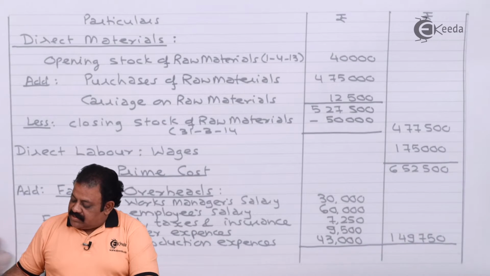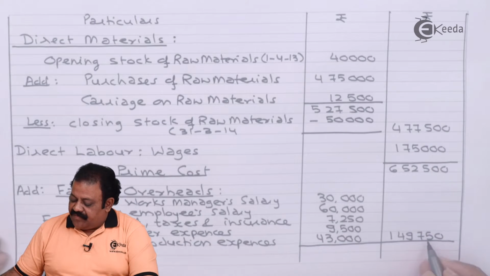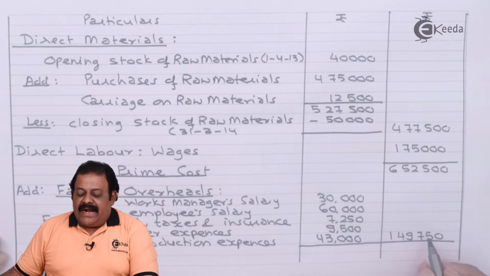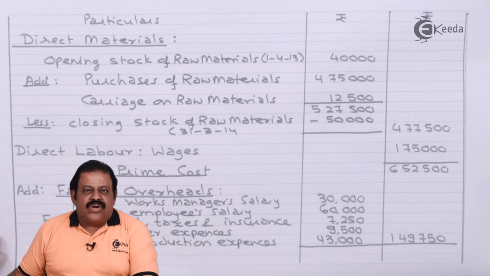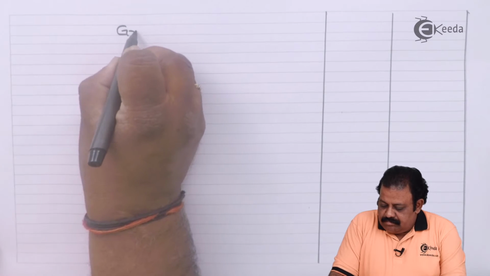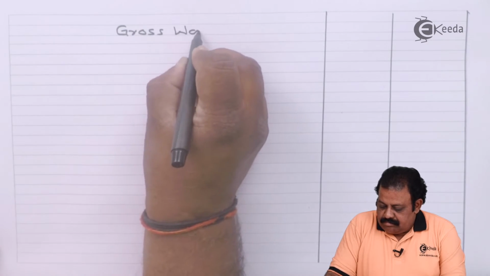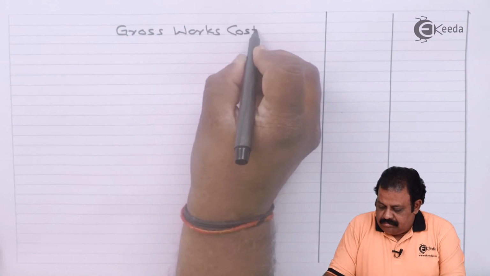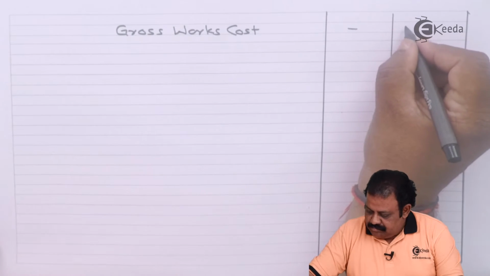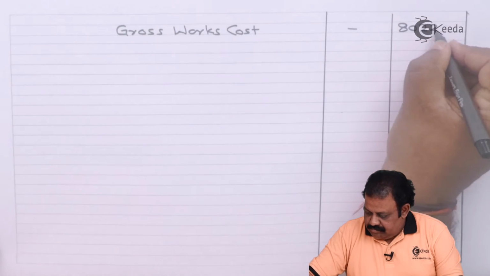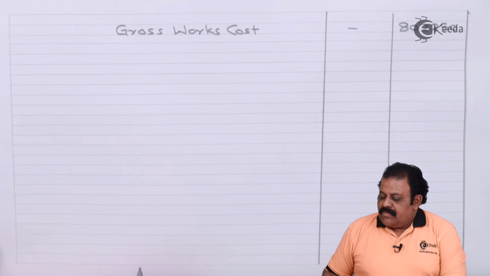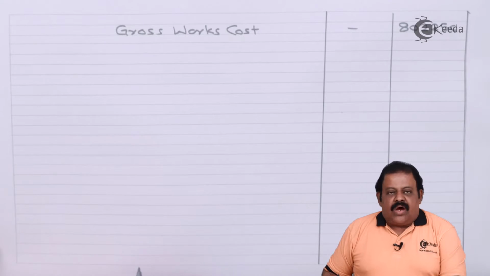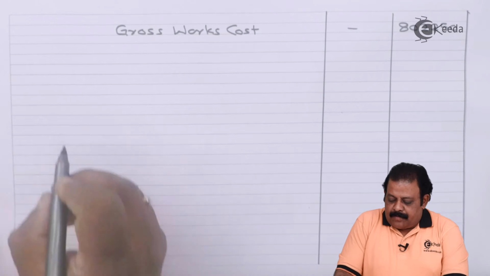Total factory overheads are 1,49,750, which will be added to the amount of prime cost so that we can get gross works cost. So we got gross works cost 8,02,250.